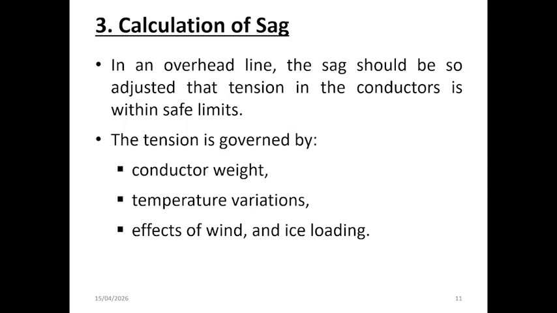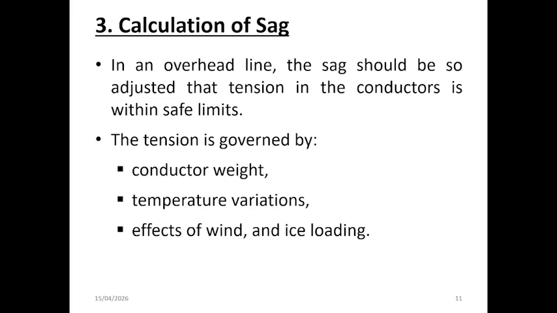In addition, wind forces apply extra pressure on the conductor, increasing the effective load. In colder regions, ice loading further adds to the weight of the conductor, increasing both sag and tension at the same time. So, as a result, all of these factors must be carefully considered in sag calculations to ensure safe and efficient operation.